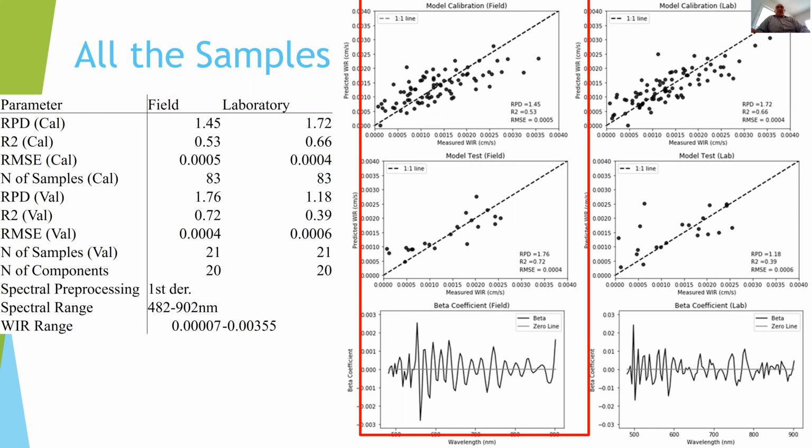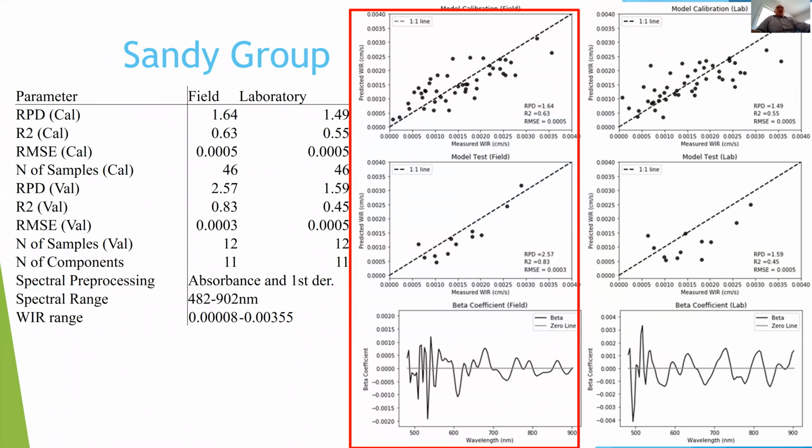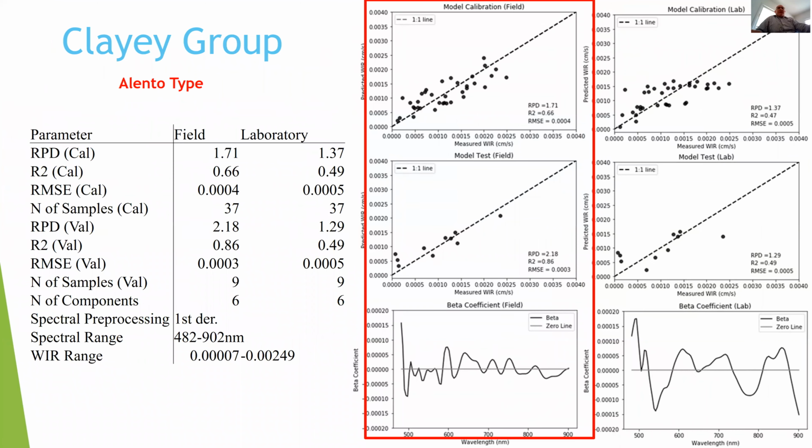As you see, our hypothesis was correct, and we confirmed it, because the field measurement was much better and actually mirrors the conditions in the field. The same thing, this was from all 114 samples. This is when we separated the sandy groups, and this is when we separated the clay groups.